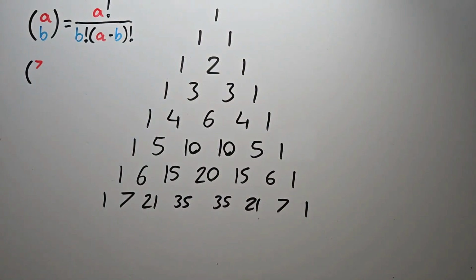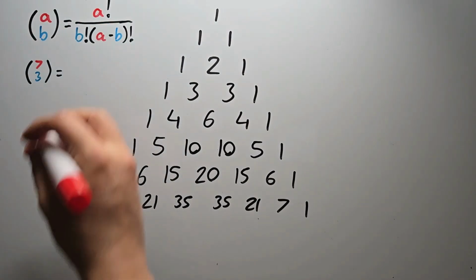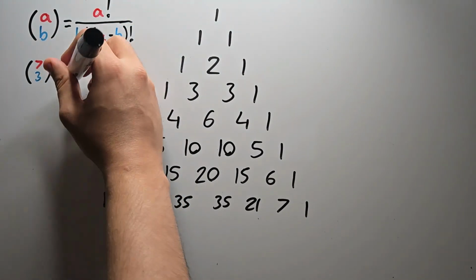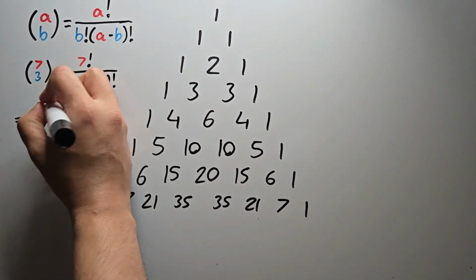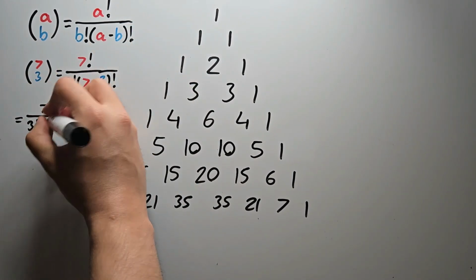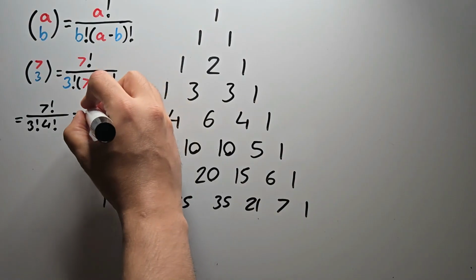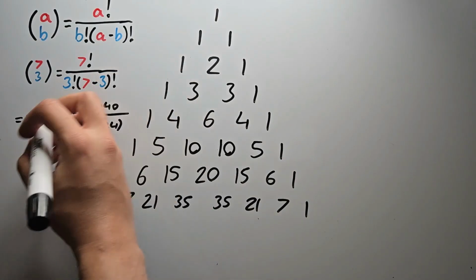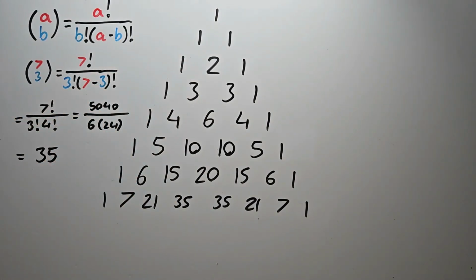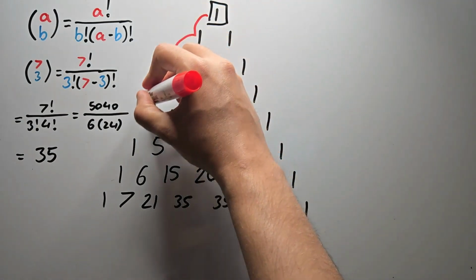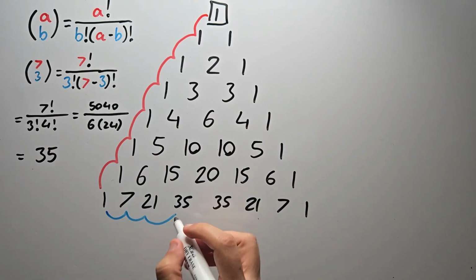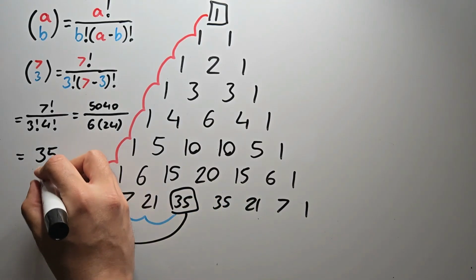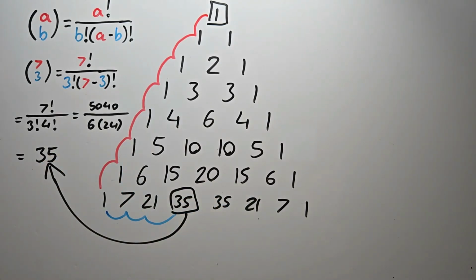For example, 7 choose 3 is equal to 7 factorial divided by 3 factorial times 7 minus 3 factorial, which is 7 factorial divided by 3 factorial times 4 factorial, which is 5040 divided by 6 times 24, which is 35. Now, starting from the top one, we can drop down into the left 7 times and then go across to the right 3 times. Here we'll find 35, which is 7 choose 3.